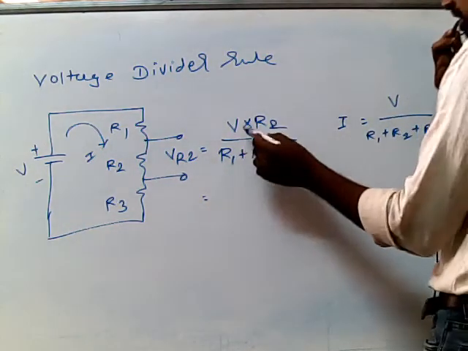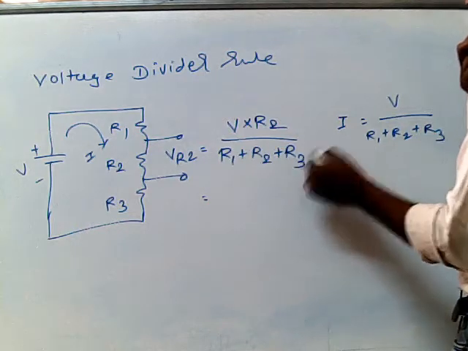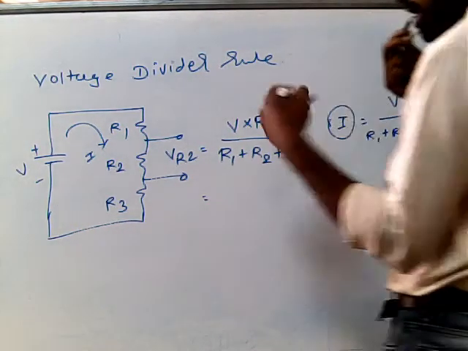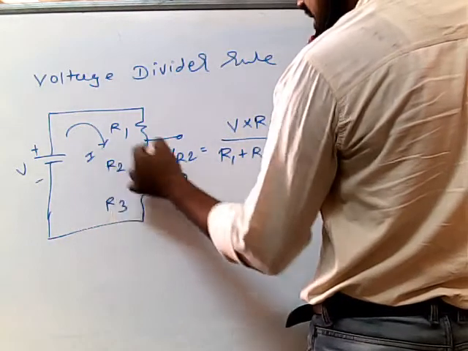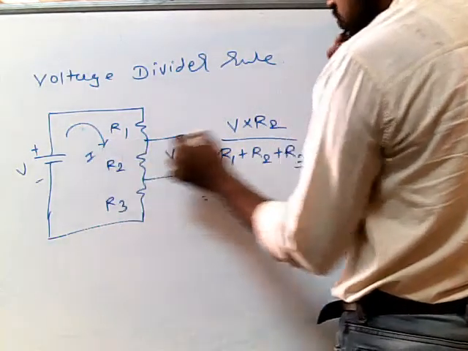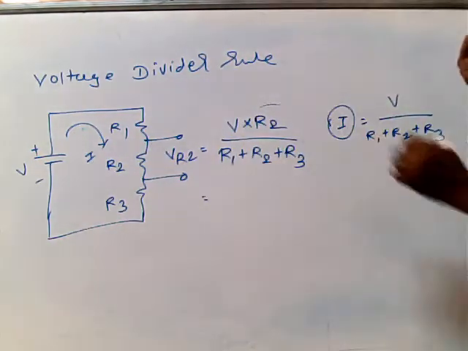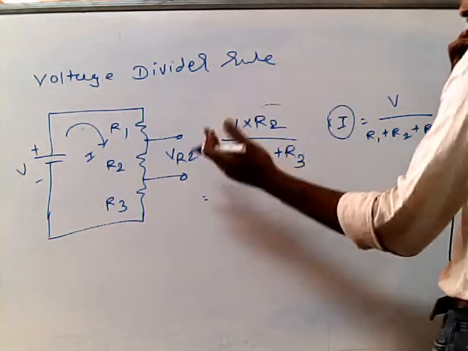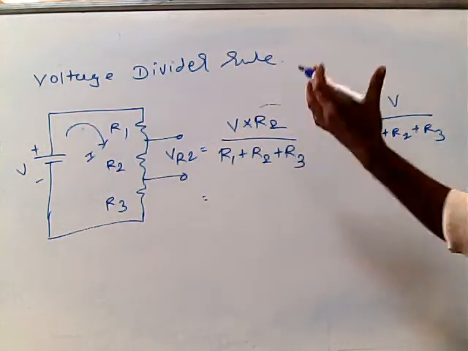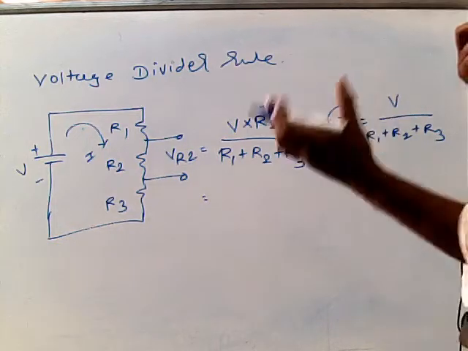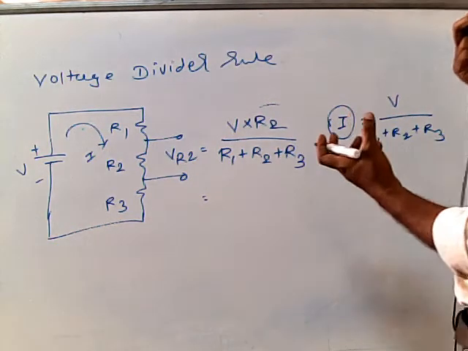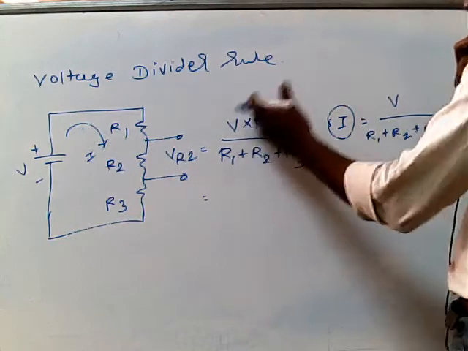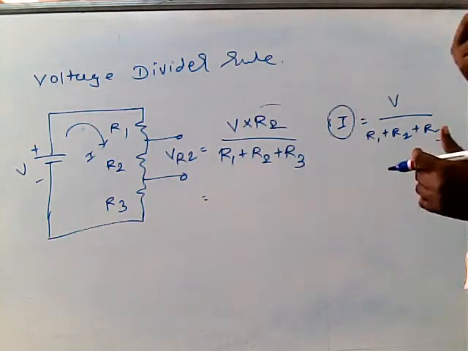So V divided by R1 plus R2 plus R3 gives us I, the total current. According to Ohm's law, V is I into R, so I into R2. We have simply multiplied by R2, combining Ohm's law into one common rule that is known as the voltage divider rule.